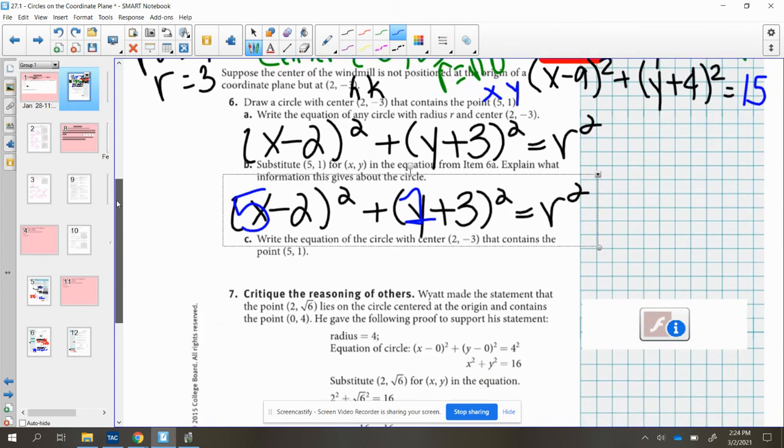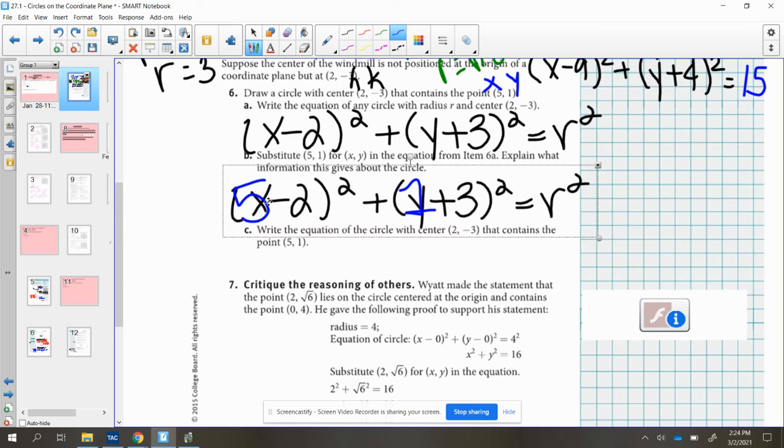So what we're going to do then is simplify this. 5 minus 2 is 3. 3 squared is 9. And then 1 plus 3 is 4. 4 squared is 16. So 9 plus 16 is 25. That's what our r squared value is going to equal.